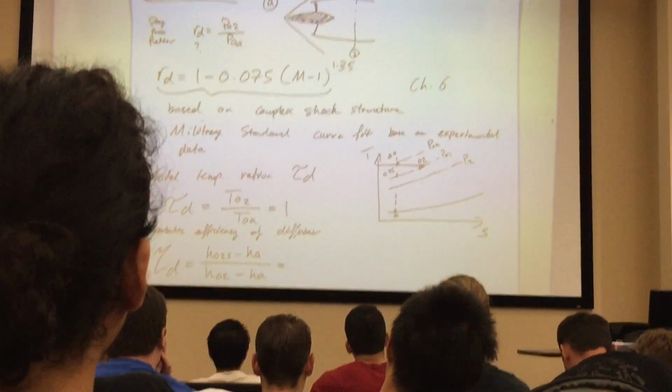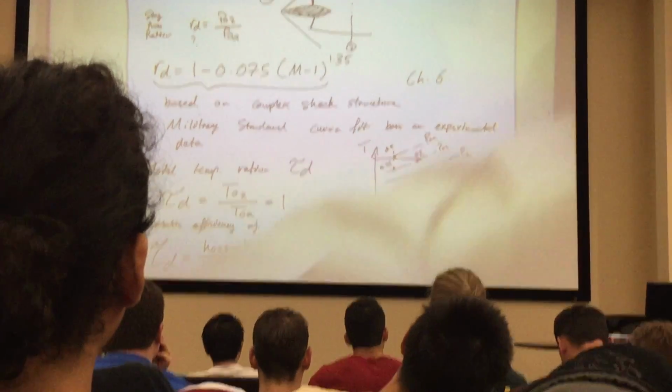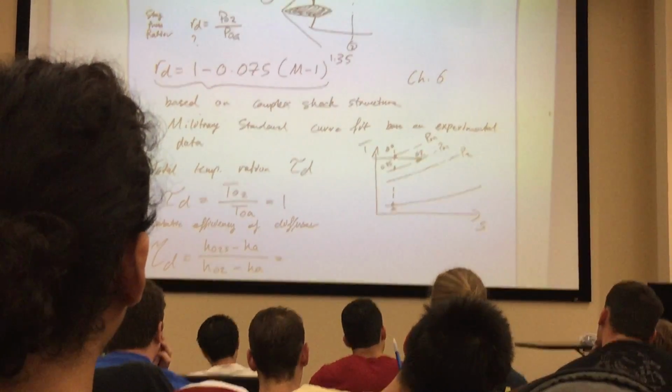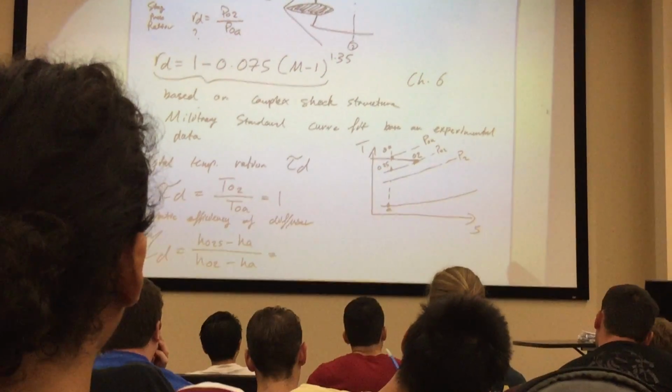And that's where it comes in. So everything that we've been doing in the first half of the semester is not a waste of time. It actually builds up to all this.